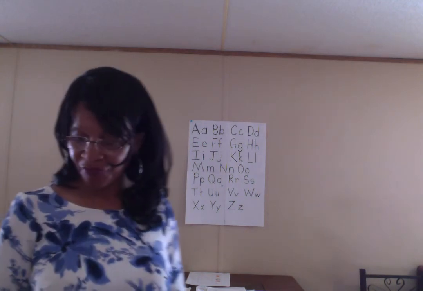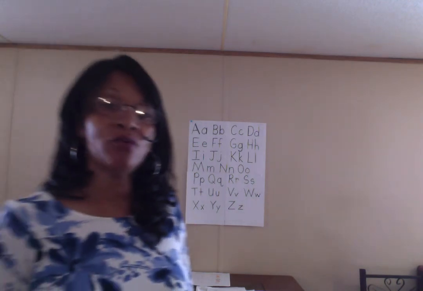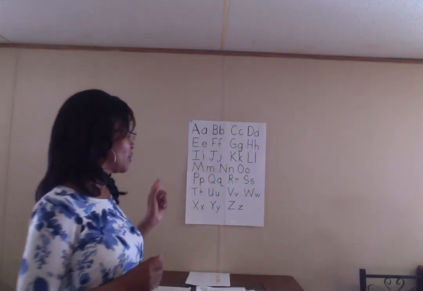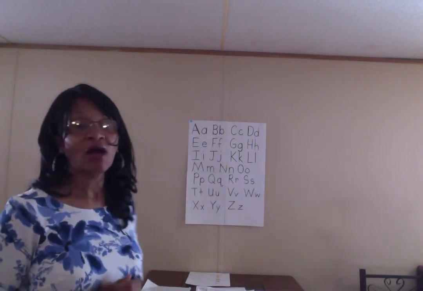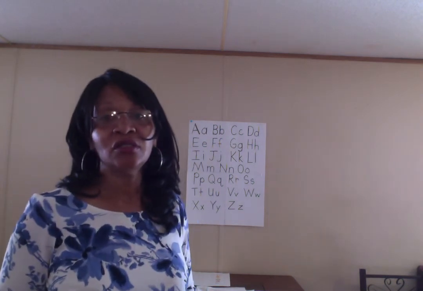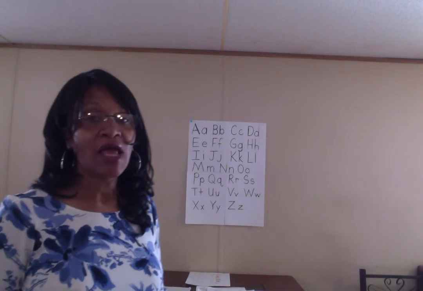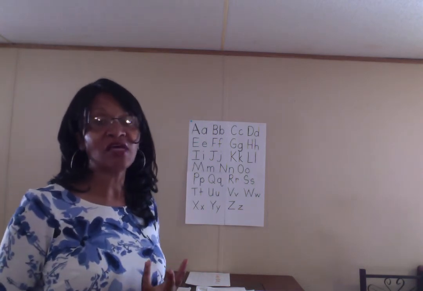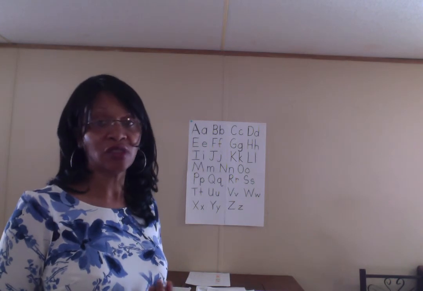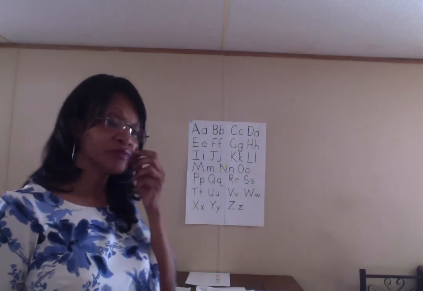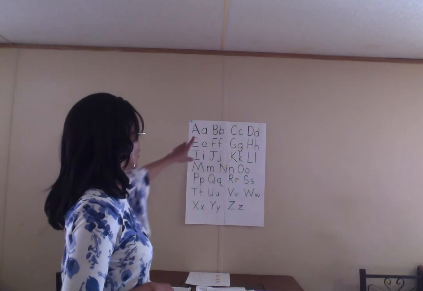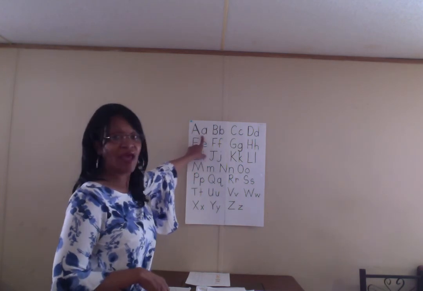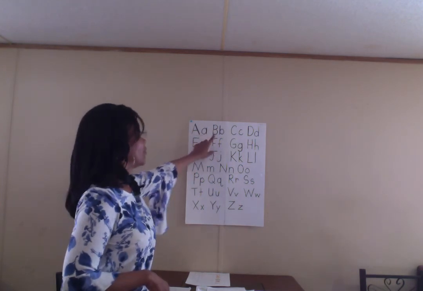Alright, and now what I want to do is go back over the chart with you. I want to sound out the alphabets, and as I say the alphabet sounded out, I will say a word that the alphabet starts with. A, apple.